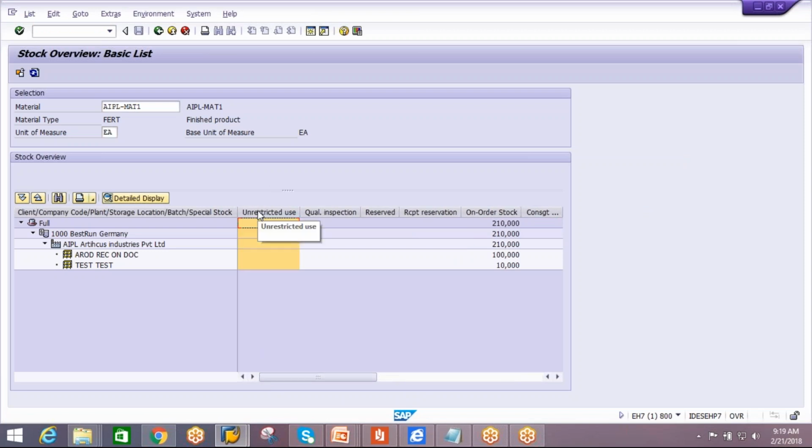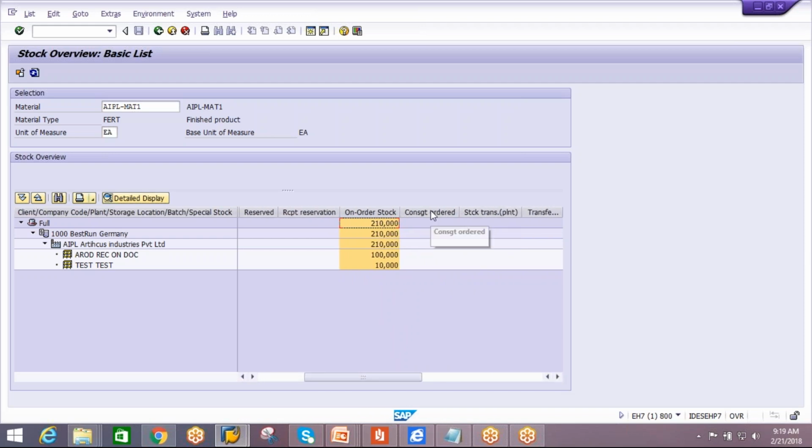Unrestricted is unrestricted. Quality inspection comes under quality. Reserved: nobody can reserve either quality or blocked stock, so definitely that should be unrestricted. Receipt reservation, same, unrestricted only. On order stock: nobody can raise any orders for quality inspected stocks or blocked stocks or return stocks, so this falls under unrestricted.